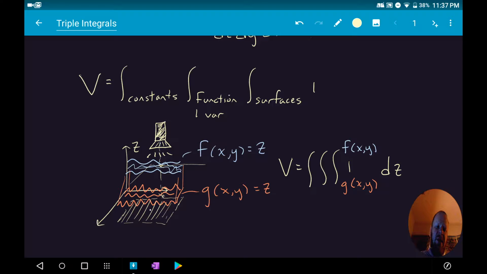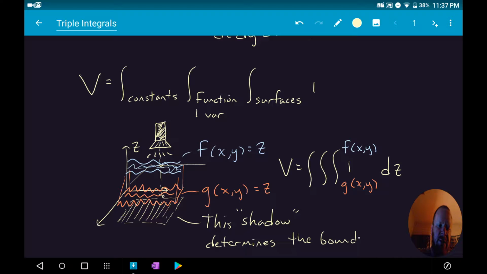That shadow, that rectangle in this case, determines the bounds of the other two integrals.